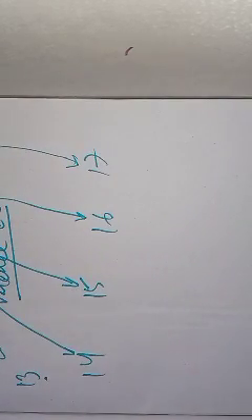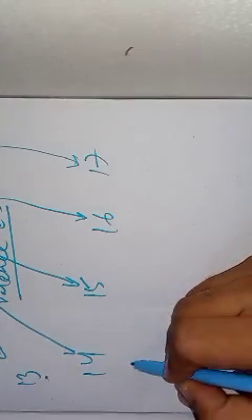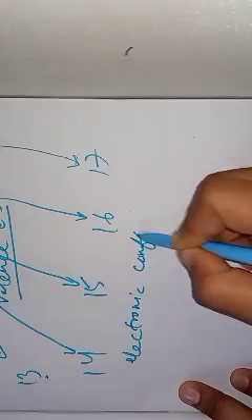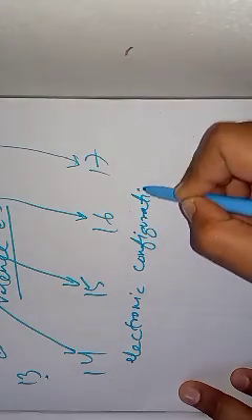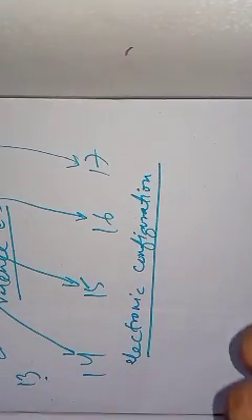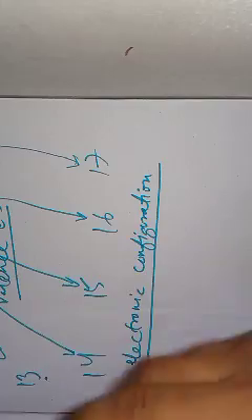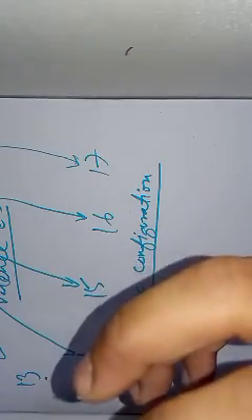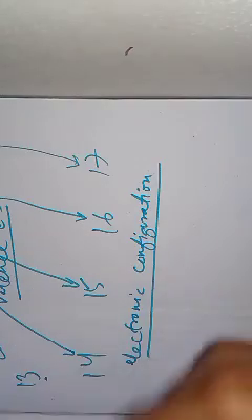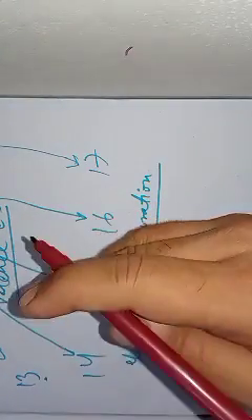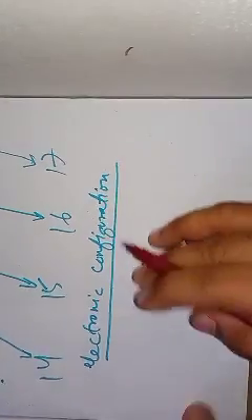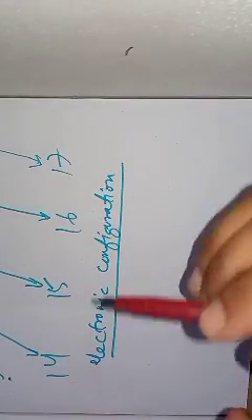Now let me explain how I am writing the electronic configuration, which is very important. Electronic configuration is the grouping of electrons, and determining how many electrons will rotate in a particular shell. And the rule is very simple.